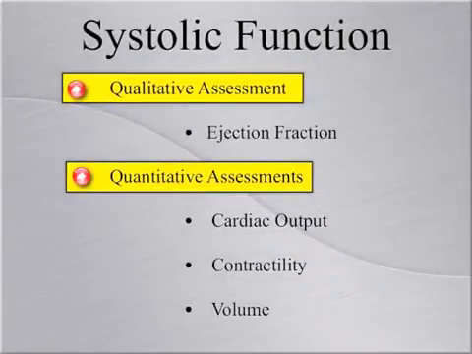Although ejection fraction can be quantified, practitioners often perform a visual qualitative estimate as part of the examination. Common quantitative assessments of cardiac function include cardiac output, contractility, and left ventricular volume or size. Integrating this information can aid in providing a complete picture of ventricular function.